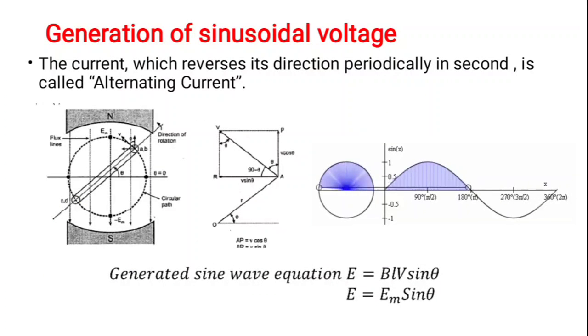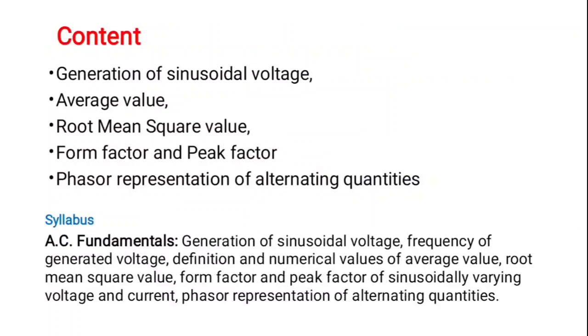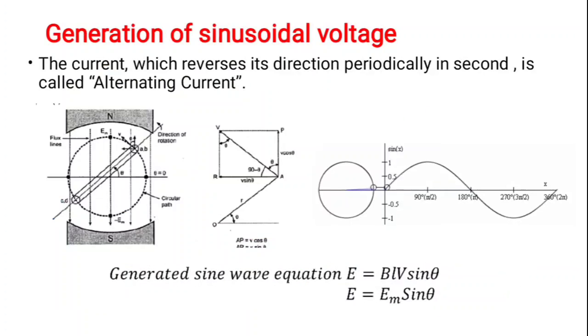Let us study the first part, that is the generation of the sinusoidal voltage. Let us consider this is the conductor. The conductor is placed at this position. This is position number 1, position number 2, position number 3, position number 4, and position number 5.